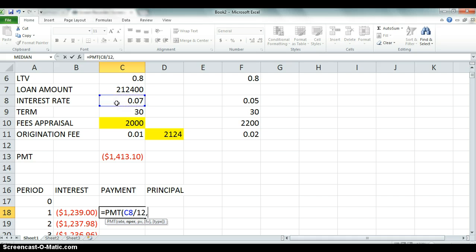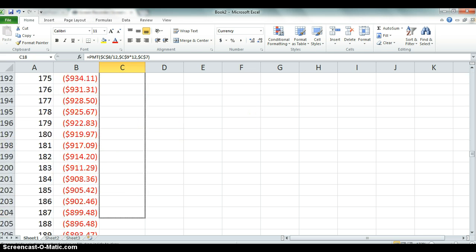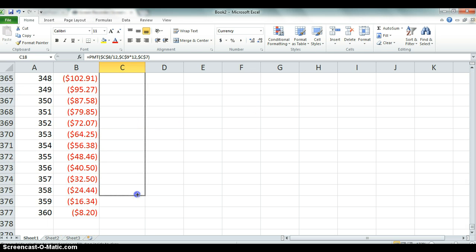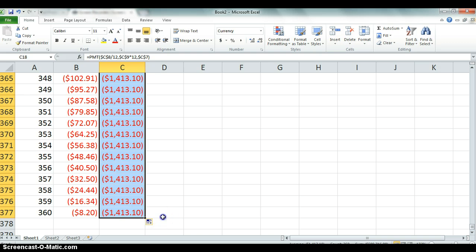That's 7% divided by 12, 30 times 12, and the present value. We should also secure these numbers so we can just drag this formula down. The payment will be the same all along until the end of the loan.